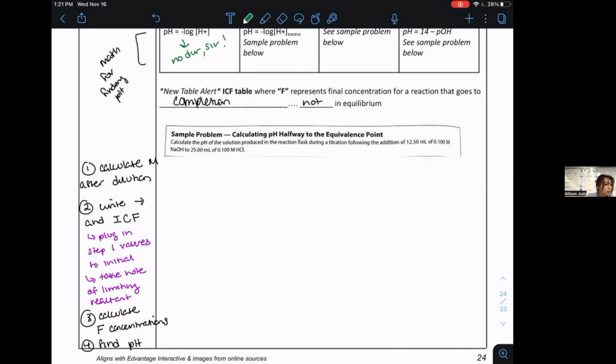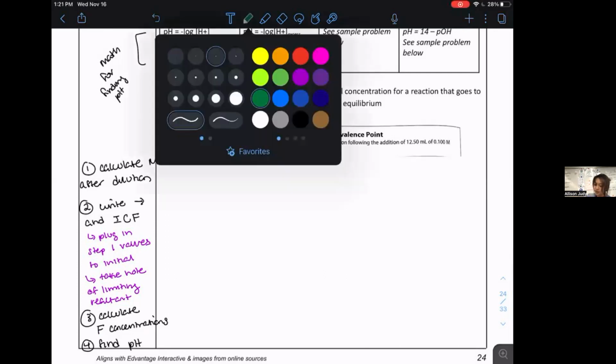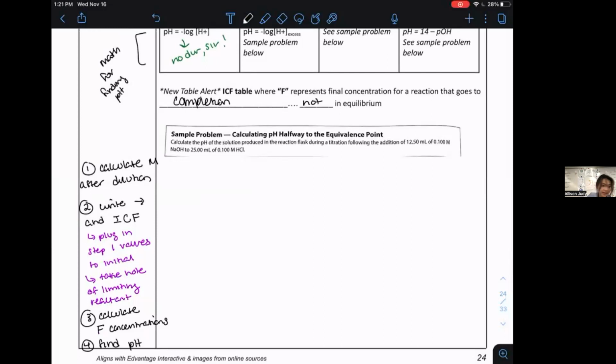So what you're going to do is, first and foremost, you're going to do the same step as calculate molarity after dilution, right? We did mix them, so we need to figure out our new molarities. So what we have here is HCl diluted molarity is equal to 0.1 molarity times, well, I was at 25 milliliters, but I got diluted down to 37.5 when I sum up the volumes.